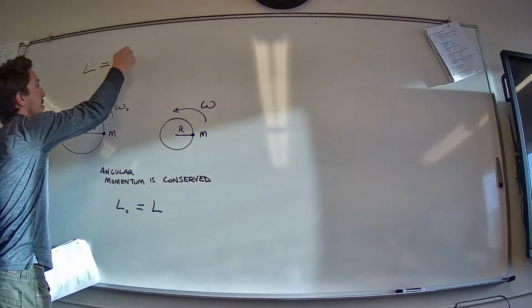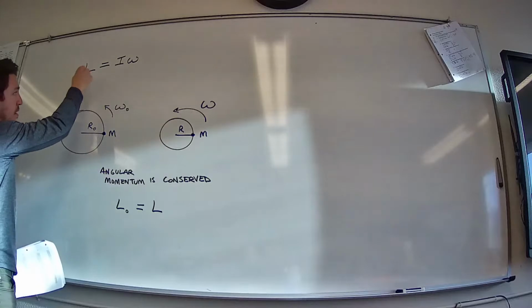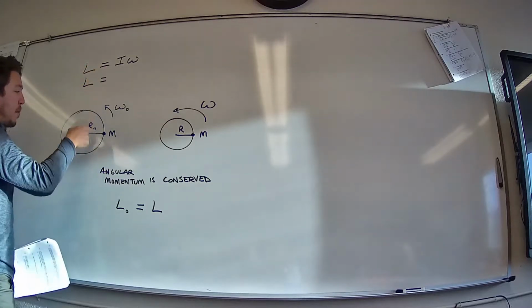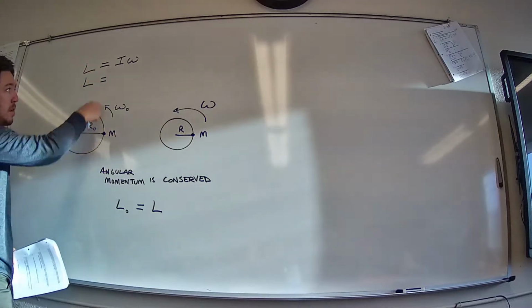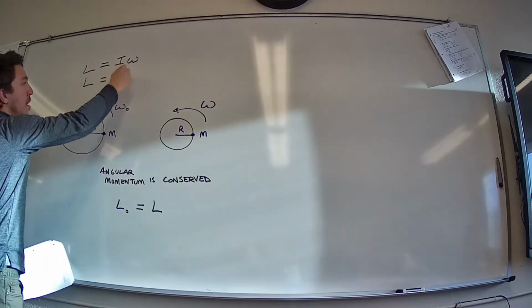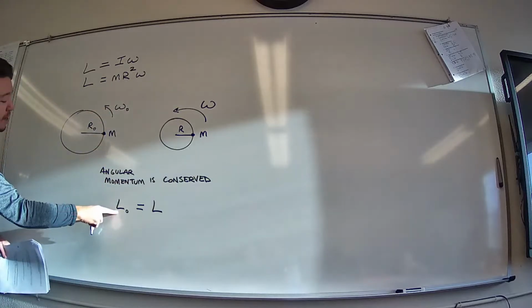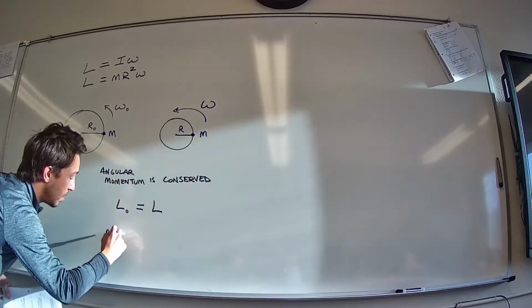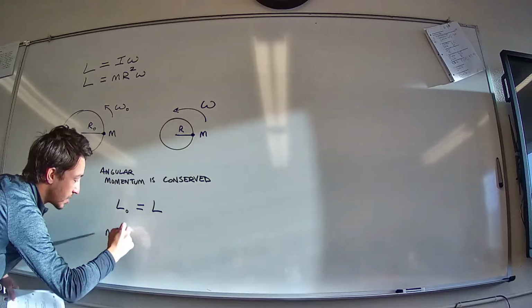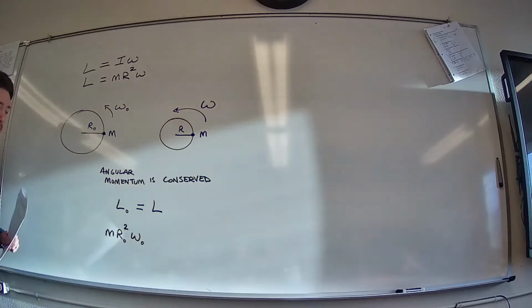So what's the formula for angular momentum? L equals I omega. But wait a second, I don't see any r's in there. So what I might have to do is, for a point mass, how do I write I? I equals m r squared. So what I really want to write is the initial angular momentum was m times the initial radius squared times the initial omega.